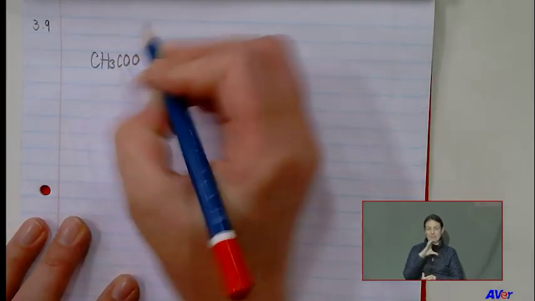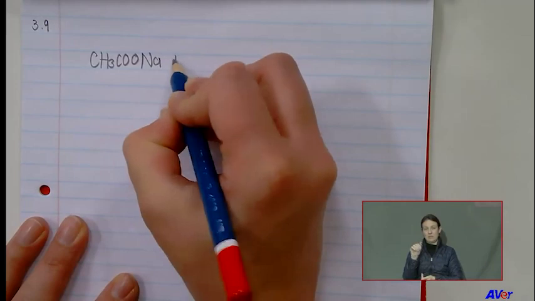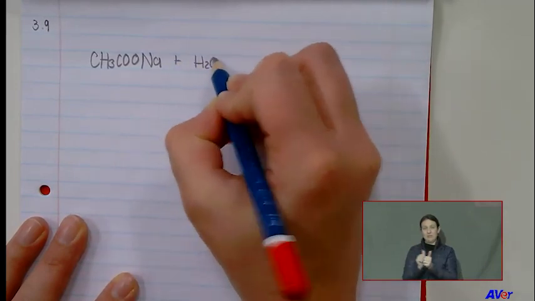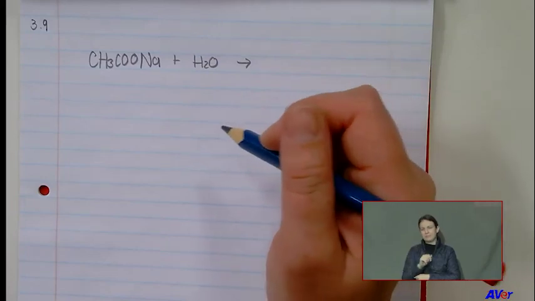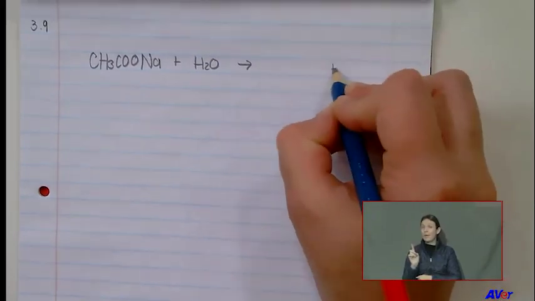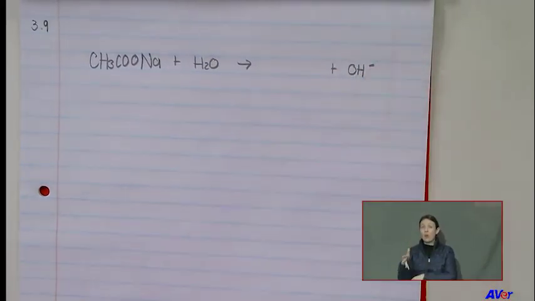Remember, hydrolysis is the reaction between the salt and water. So this is where hydrolysis will occur, between the salt and the water. Now, I have CH3COONa plus H2O. Grade 12s, you immediately know one of your products will be hydroxide ions.